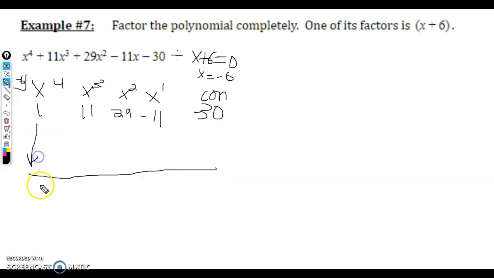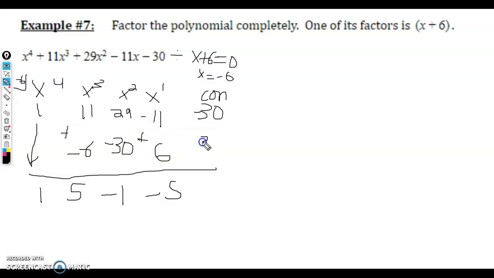So bring down a 1, negative 6, add, I get 5, negative 30, I get a negative 1, get a positive 6, add down, get negative 5, positive 30, 0.